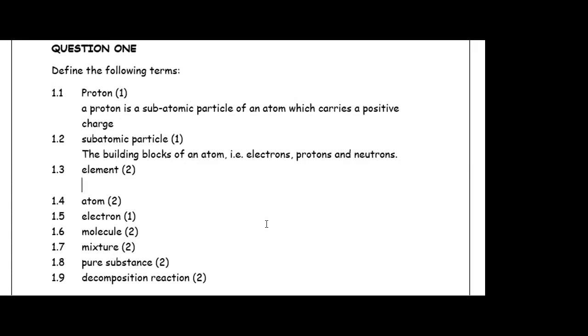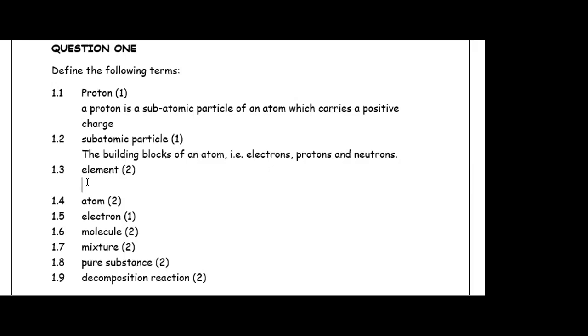Ma'am, I said an atom that has the same amount of protons. Oh, I can't hear you. You're a little bit soft. Say that again. I said an atom that has the same amount of protons. Okay. So you're saying that an element is an atom that has the same amount of protons. Okay, you're close.